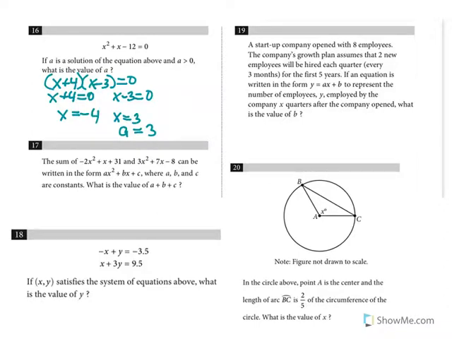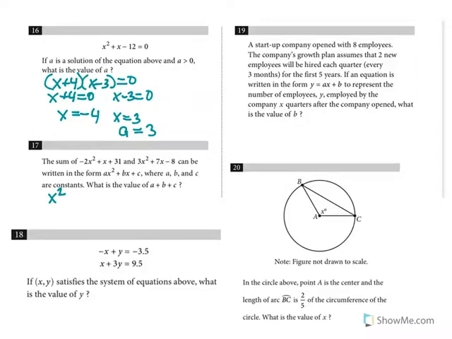The sum of negative 2x squared plus x plus 31 and 3x squared plus 7x minus 8 can be written in the form ax squared plus bx plus c, where a, b, and c are constants. What is the value of a plus b plus c? So we have to understand combining like terms, adding our polynomials. All right, so we want to add these two polynomials. We have negative 2x squared plus 3x squared, so that's x squared.